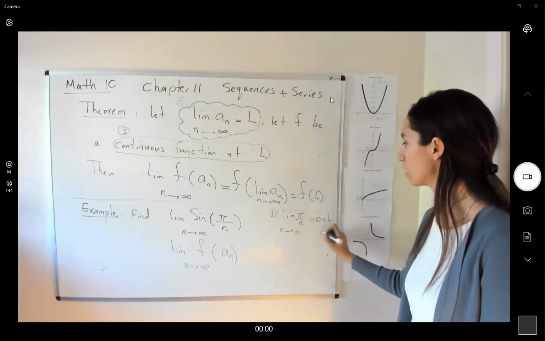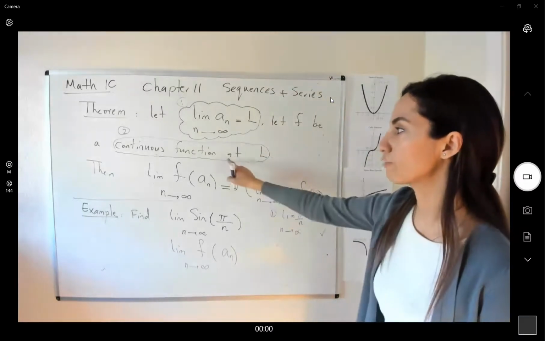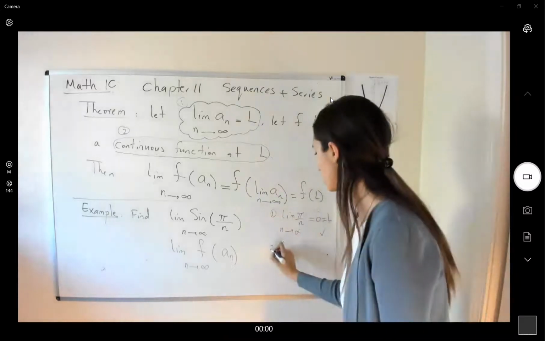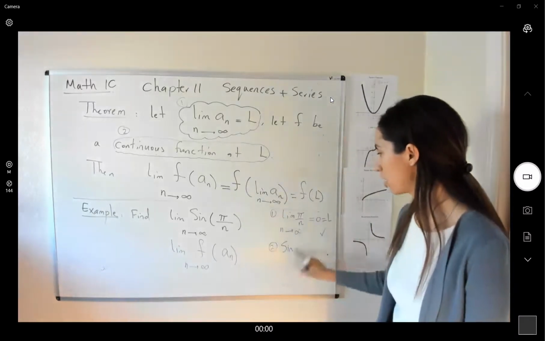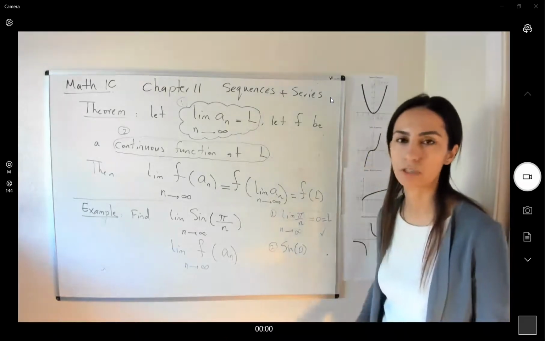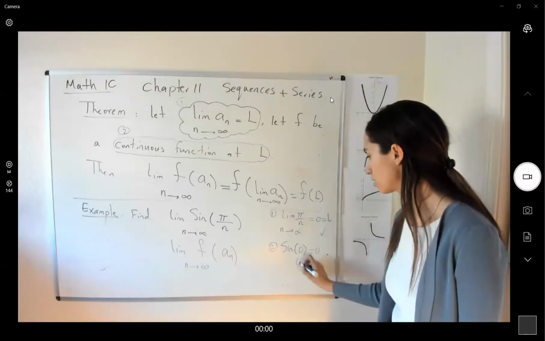So you are good here. The second condition says your function f must be continuous at L. Since we have the sine function, sine at 0, of course, sine is a nice function, it's continuous everywhere, is equal to 0 and it is continuous.